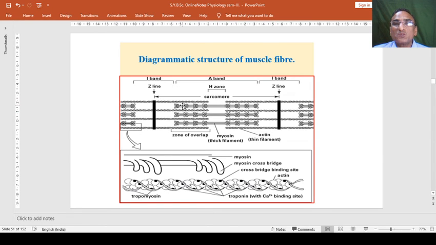In between these there is the H zone. The whole structure from one Z line to the next is called a sarcomere, which is enveloped around the myofibril or myofilament.